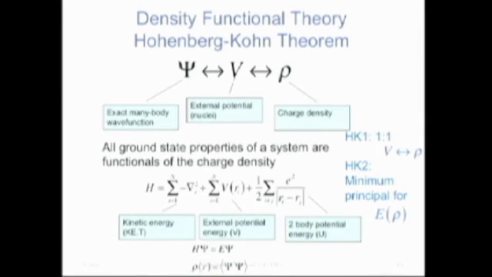And then we have the two-body potential, which is the interaction between the electrons. And then in DFT, one has an additional term. So this is the Hamiltonian for the exact system, which is replaced in density functional theory by an effective potential, which takes care of the many-body interactions.